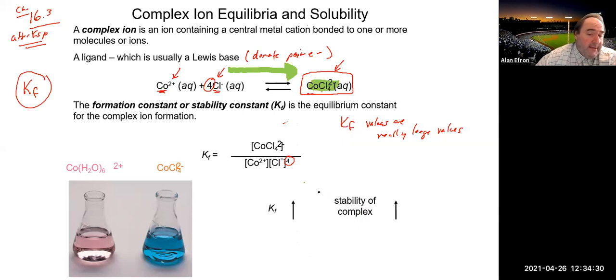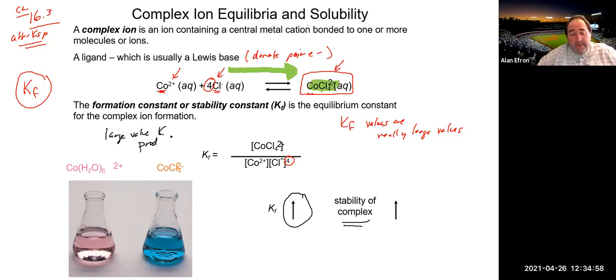Because ultimately the Kf is an equilibrium constant, we can treat it like a normal equilibrium constant value, which means if our Kf increases, the stability of the complex ion also increases. What does that mean? If we have a large value of K, we would expect that when we reach equilibrium we basically have products.